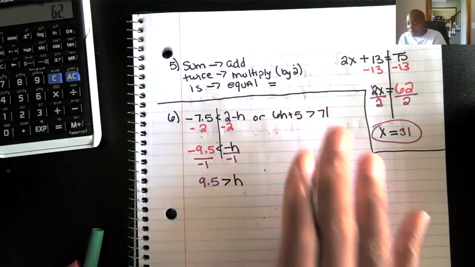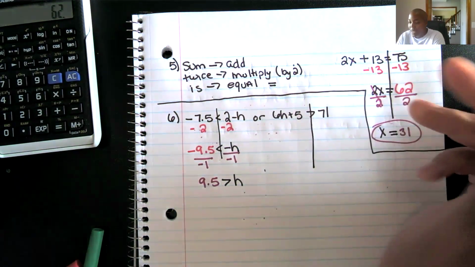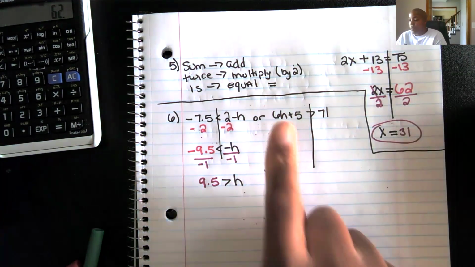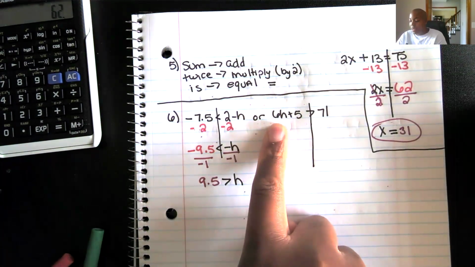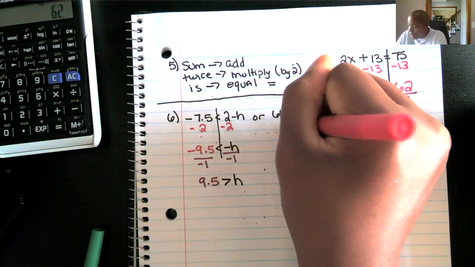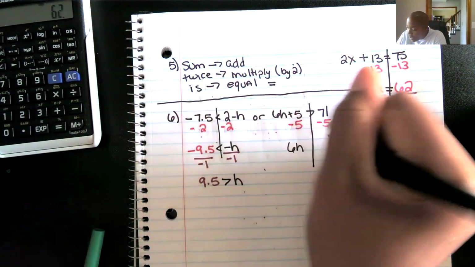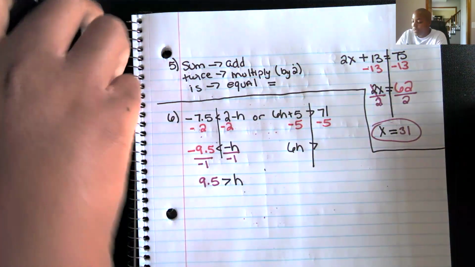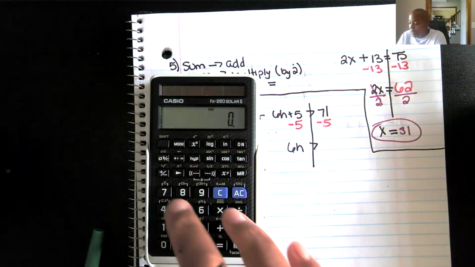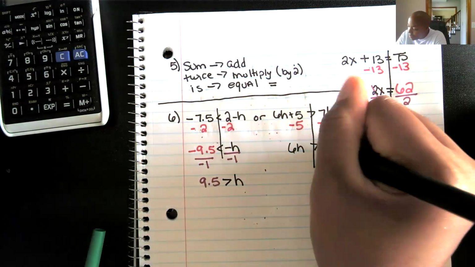All right, now we're going to move on to this one. Same thing, draw a line, separate our left side and right side, and we're going to solve it. First, we have to get the variable term by itself by getting rid of the 5. The opposite of plus 5 is minus 5. So subtract 5 on both sides. We have 6h is greater than, again, if you need, use your calculator, 71 minus 5, 66.